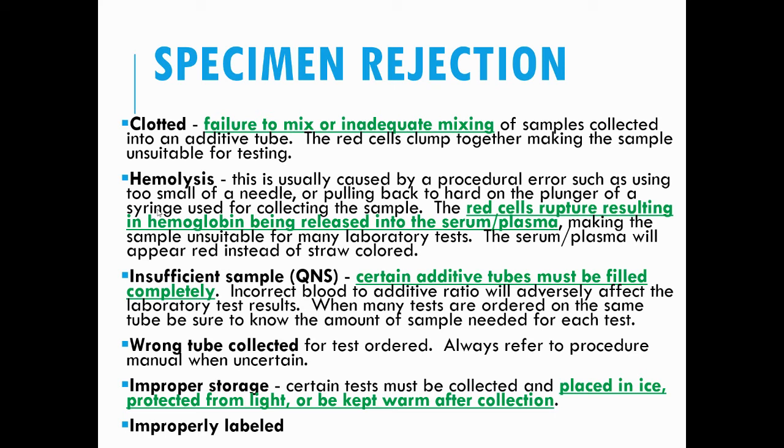Insufficient sample means you did not obtain the amount required for that tube. There must be an adequate ratio between the blood and the anticoagulant. Other causes are using the wrong tube, improper storage, and improper labeling.